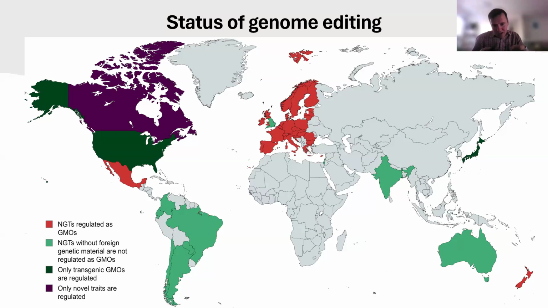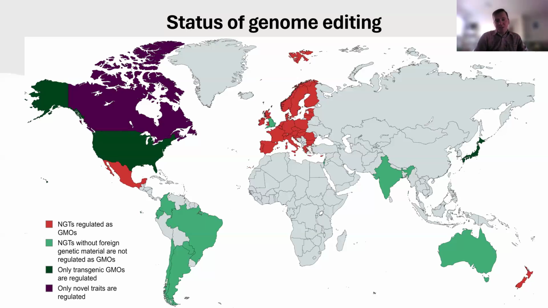South America is the pioneer here. If you look into South America, almost all major economic players on the market adopted regulations excluding certain techniques of genome editing from the scope of the regulation, in a way similar to the amendments I've described. Argentina was the first one in 2015.